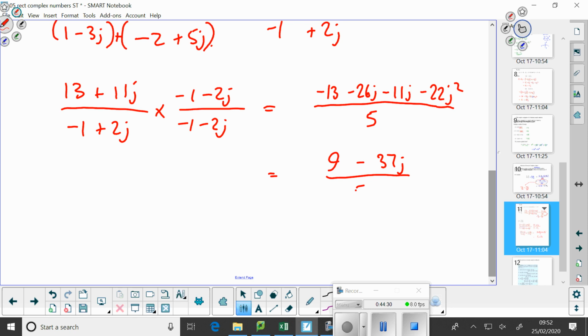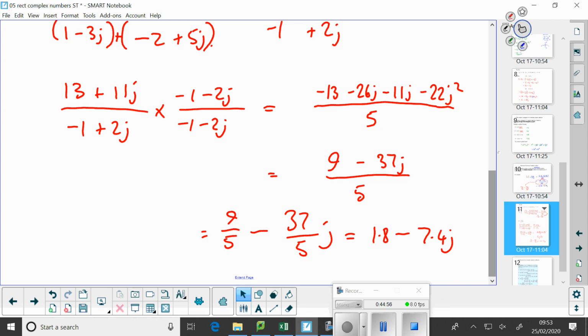All over 5. So that equals 9 over 5 plus minus 37 over 5j. And if you want to divide that out, I've got 1.8 minus 7.4j.